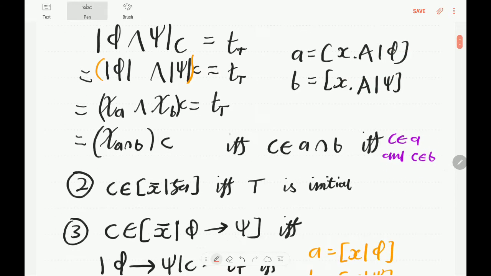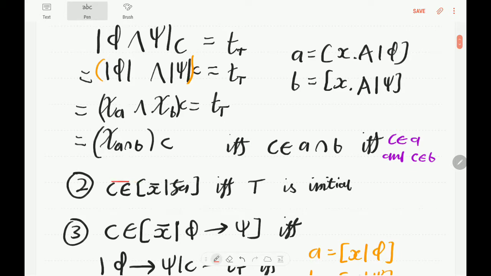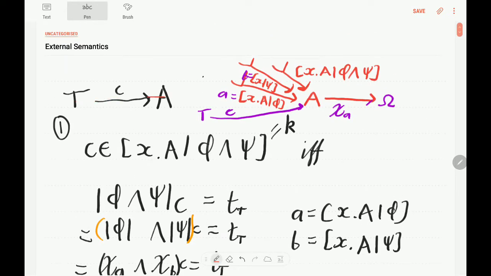Okay. Second result is that C is in the extension of false if and only if T is initial. So basically if C is like a kind of null arrow.